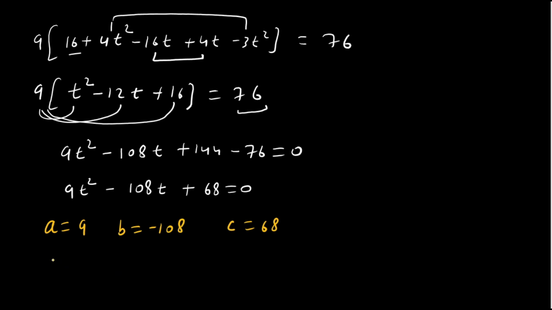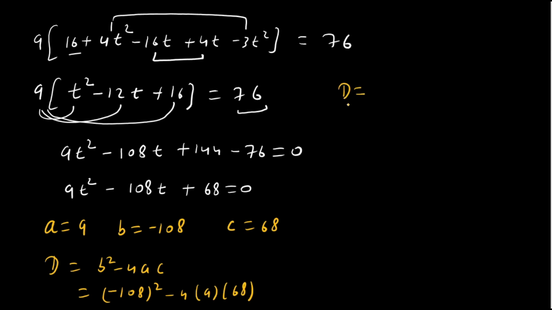First we will find the value of the discriminant, that is D equals B² − 4AC. The value of B is −108, squared, minus 4 times A, that is 9, and C, that is 68. Here D equals (−108)², that is 11664, minus 4 times 9, that is 36, and 36 multiplied by 68 gives 2448.